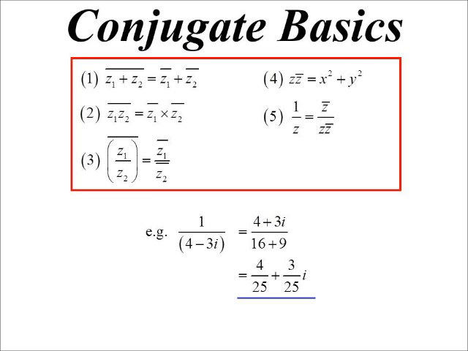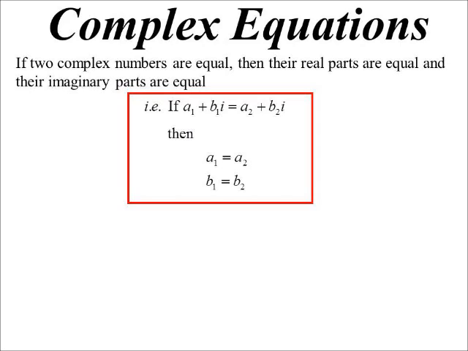Okay. All right, so with complex equations, it's just like surds. You know how when you solve surd equations, you say the surd part equals the surd part, and the number by itself equals the number by itself? It's the same sort of idea. Because we've got real parts and imaginary parts, they can't mix.